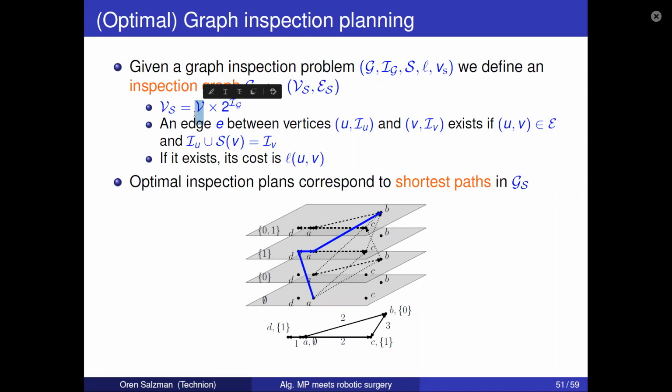So nodes in this new graph are going to be pairs, and I'm going to, again, explain this on this example: a vertex in the original graph and a subset of points of interest.